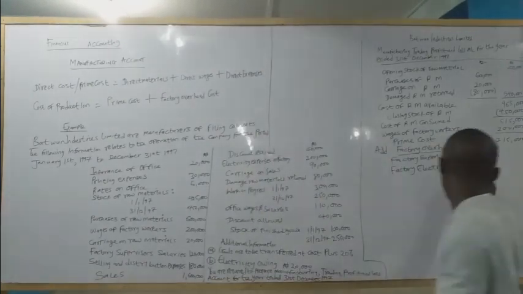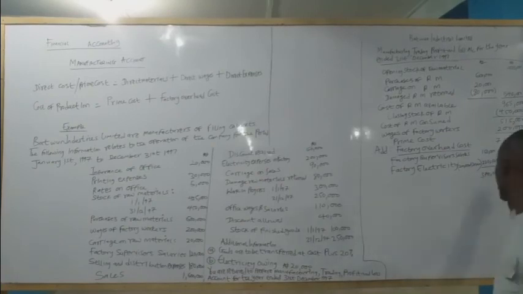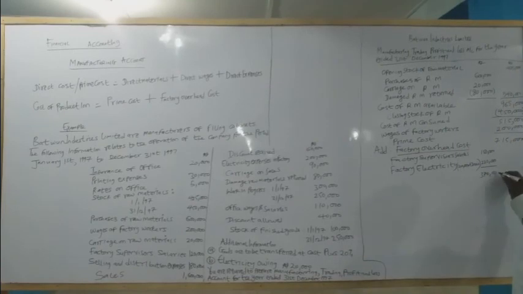Now we can add up. This then gives us what? 370,000.